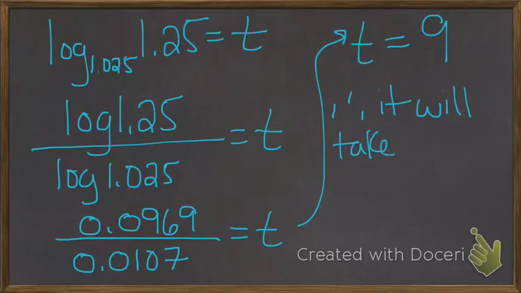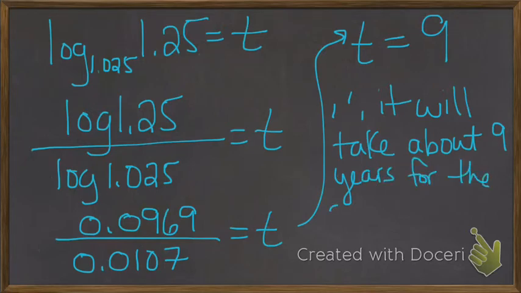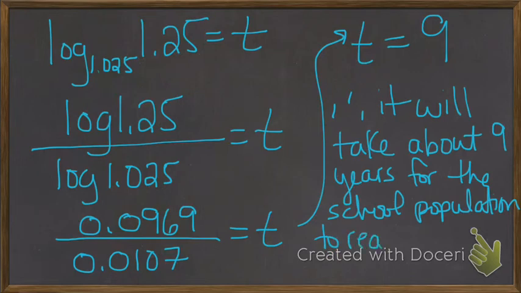It will take about 9 years for the school population to reach 1,250. So write out the solution, rewatch it if you must to make sure you're catching all the steps, and when you're finished, go on and read example number 2.